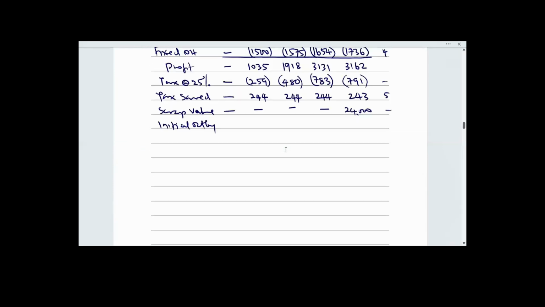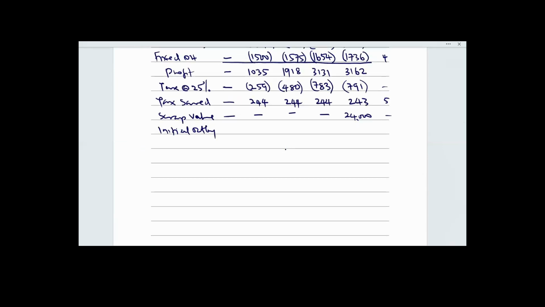21,000, working number 6. Then we have working capital. The first year, I think is 735. Can't remember, like 731. Cash outflow.